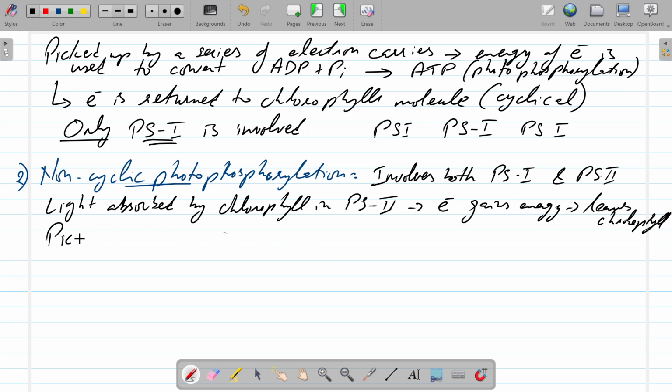Picked up by an electron acceptor, and moves across the electron transport chain.